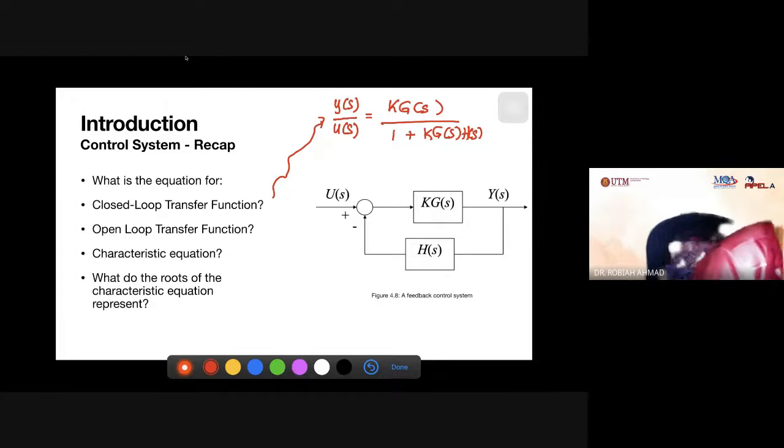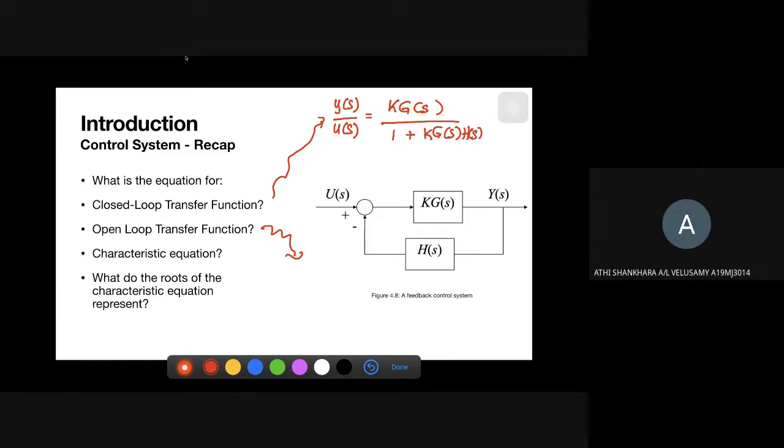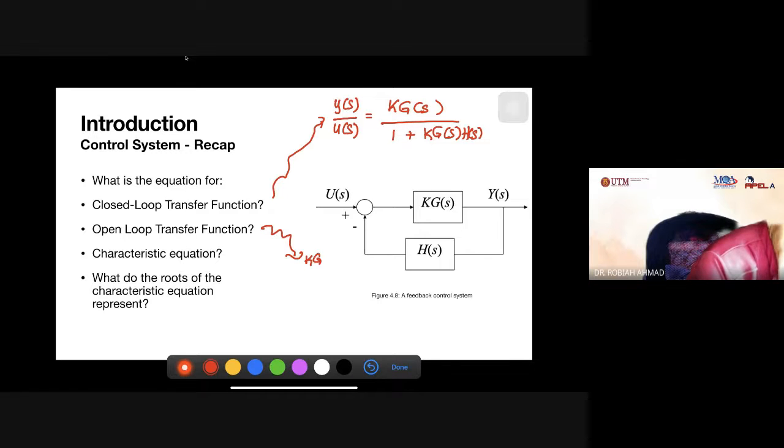Okay. So what about the open loop transfer function? The open loop transfer function will be, we multiply K G(s) with H(s) in total. Yes, good. K G(s) H(s). So this is the open loop transfer function.